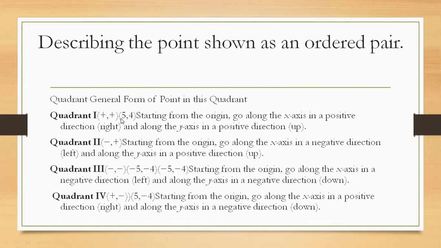If the x coordinate is negative and the y coordinate is positive, this lies in the second quadrant. And if both values are negative, then that lies in the third quadrant. And this is the fourth quadrant. If the x coordinate is positive and the second one is negative, then that lies in the fourth quadrant. Okay.